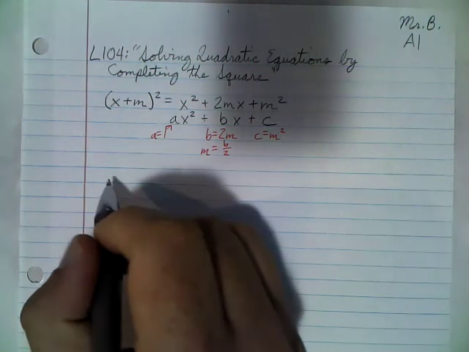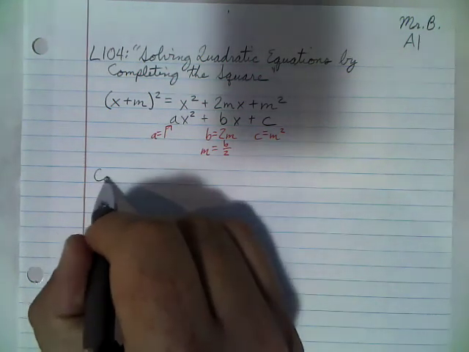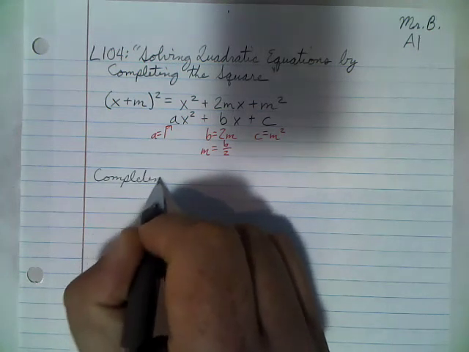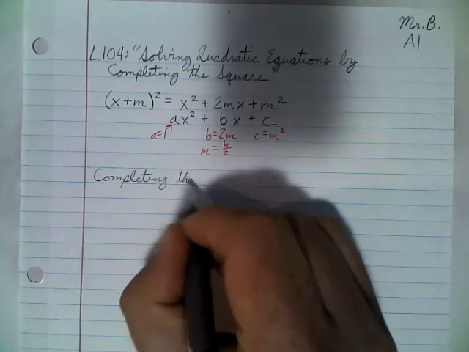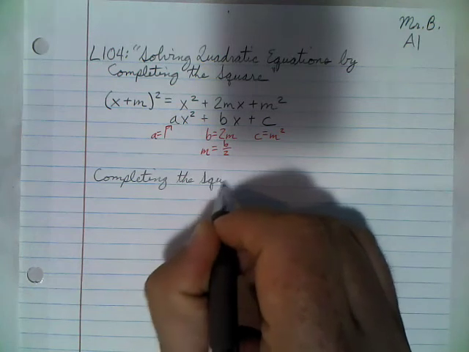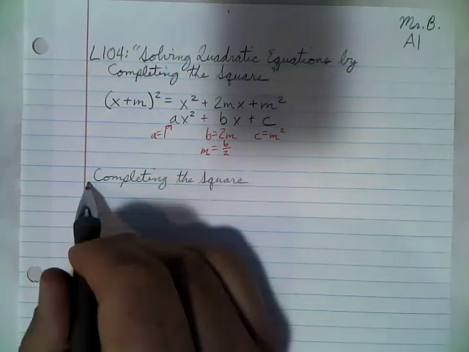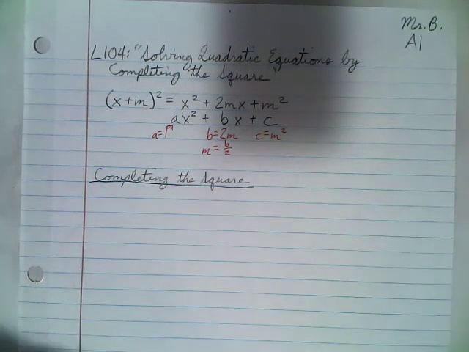So one thing that we're going to focus on before we get to the actual solving is completing the square. We are going to consider how to turn something back into a square instead of a trinomial.